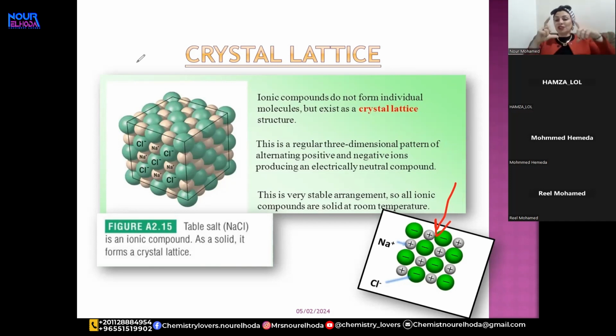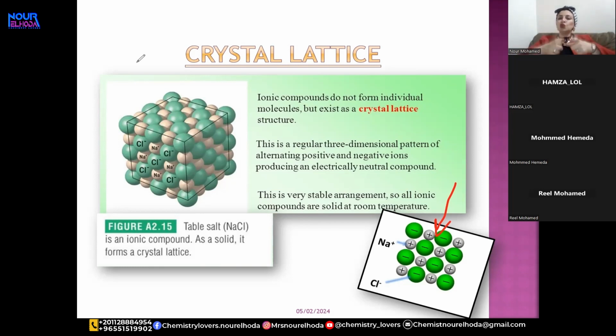Once they put it as a positive ion, once as a negative ion. So you need to know this is how we draw it. Sodium for sure is positive and chloride is negative. But why did I draw the sodium small and the chloride big? What's the reason? What's the trick?